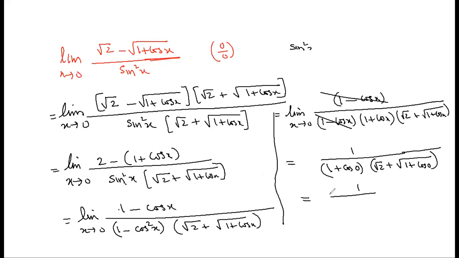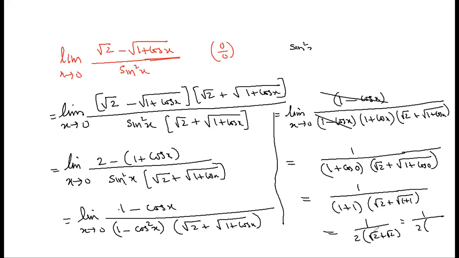Understood. This 2 became 1 plus 1. 2 root 2 into 1 upon 2 root 2, so the answer is 1 upon 4 root 2.